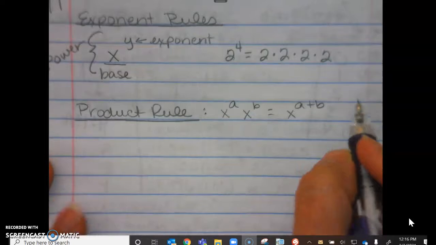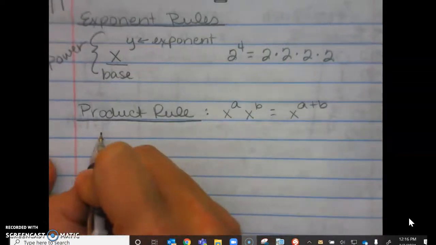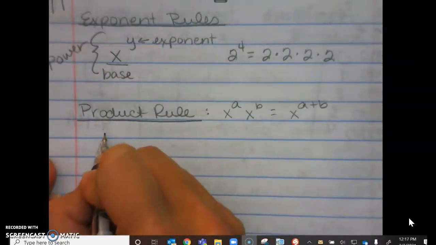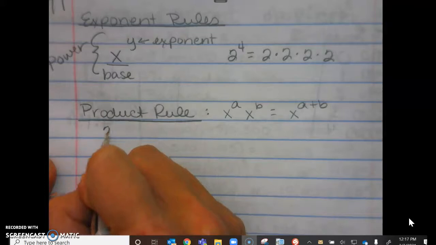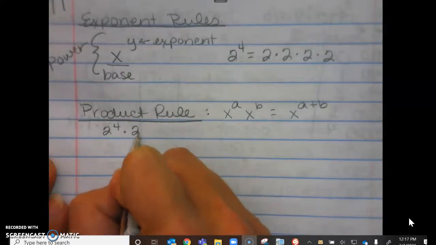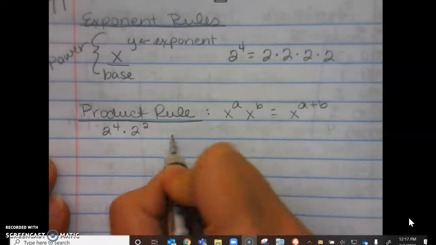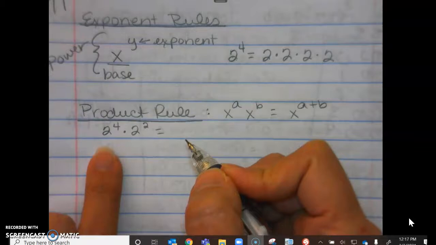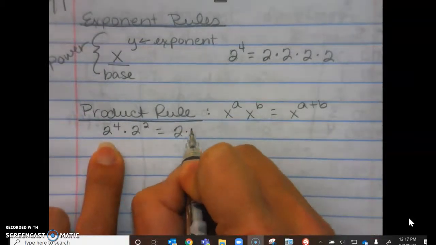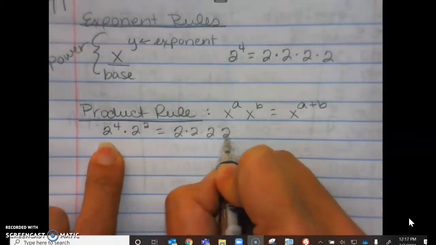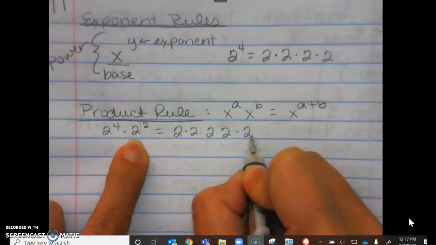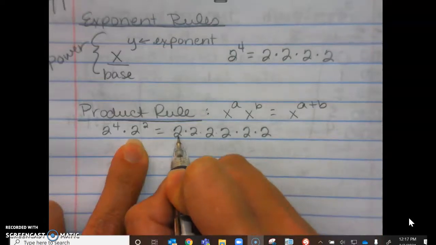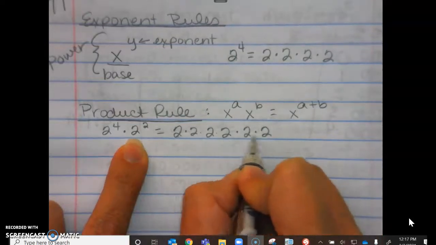So an example of this would be if I gave you 2 to the 4th power times 2 to the 2nd power. Well, let's think about what this looks like. 2 to the 4th power, 2 times 2 times 2 times 2. 2 to the 2nd power, times 2 times 2. So we're saying 2 times itself 1, 2, 3, 4, 5, 6 times.